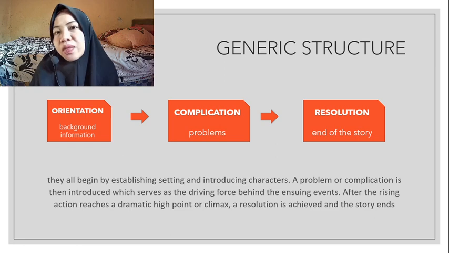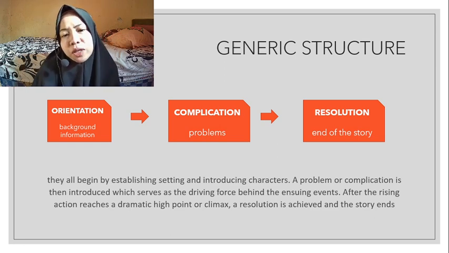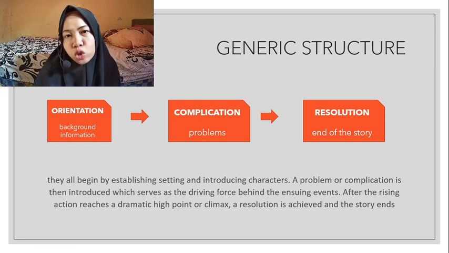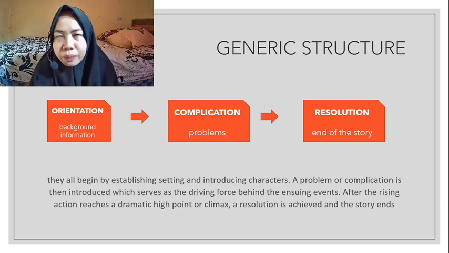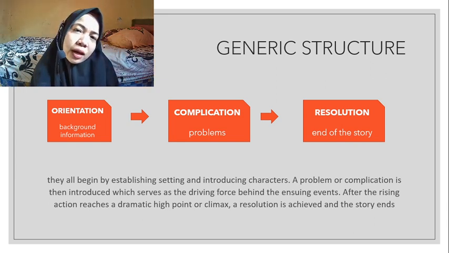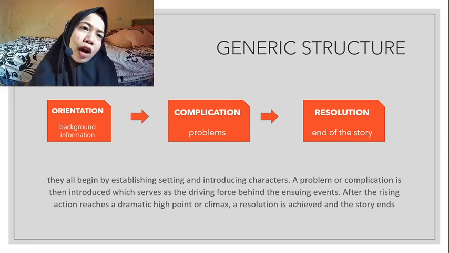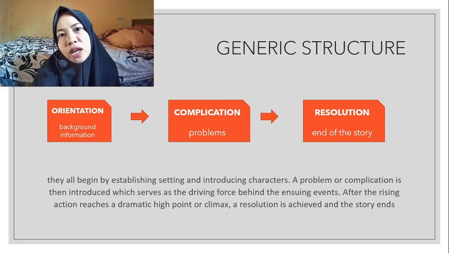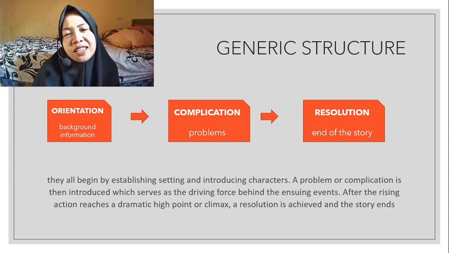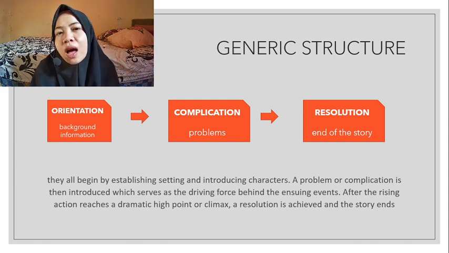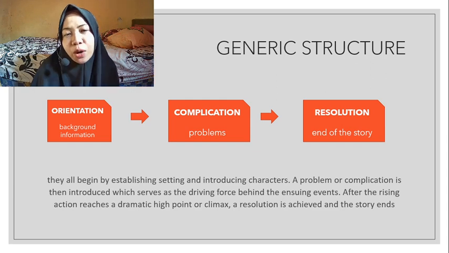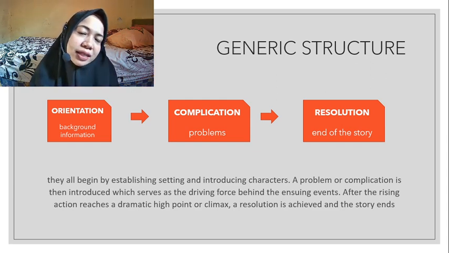Okay, and then it will continue to the complications or the problems of this short story. Your story may consist of some events that build the problem. So after an incident, then you can explain another incident, and then it will come up with another incident. So it is the problem of your short story, how the conflicts are built in your story.